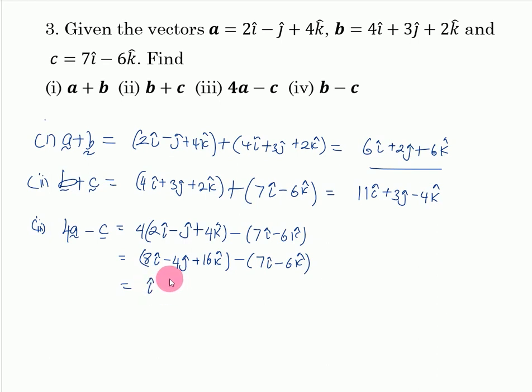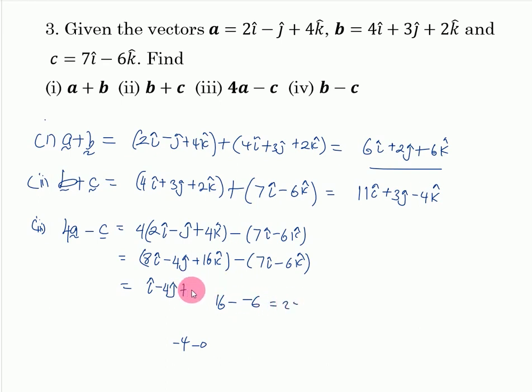8i minus 7i gets us i. When it comes to j, we have negative 4, and there is no j there. So -4 minus 0, so for j we have just -4j. When it comes to k, we have 16 minus -6, and this one will get us a positive 22.